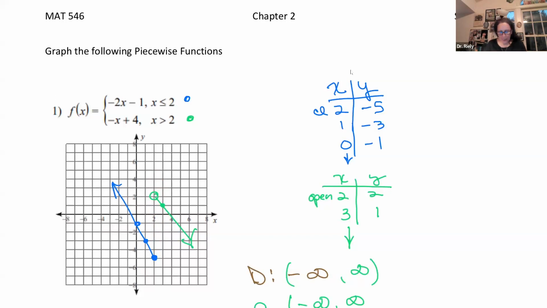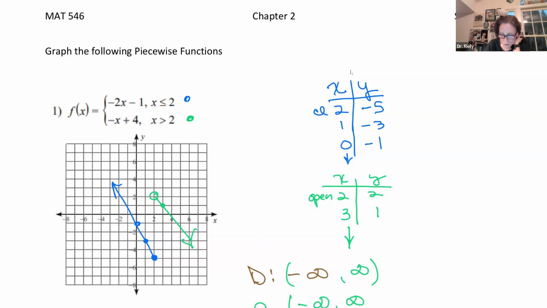The other thing is they can't cross either. In order to be a function, it has to pass the vertical line test. That means if you draw vertical lines down your graph, each one can only hit the function one time.